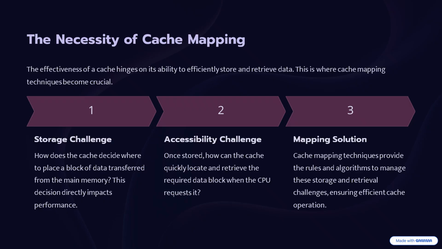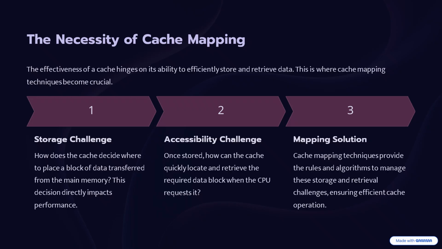So with this, through the cache mapping techniques, the cache knows where to store the data being taken from the main memory. Two, accessibility challenge. Once stored, how can the cache quickly locate and retrieve the required data block when the CPU requests it?